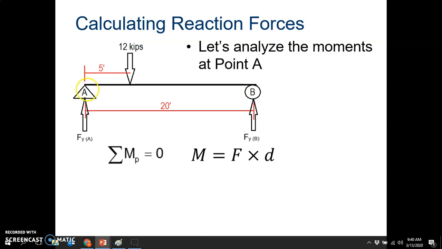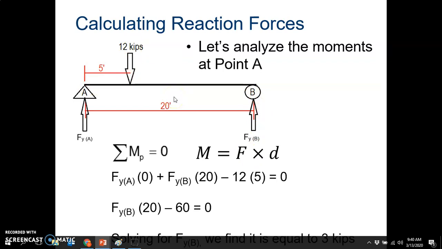If we're analyzing the moments at point A, each of these three forces could be creating some kind of tendency for this beam to rotate about point A. So if I have this force right here, we have this force times a distance. And then we have this force times a distance. And this force times a distance.